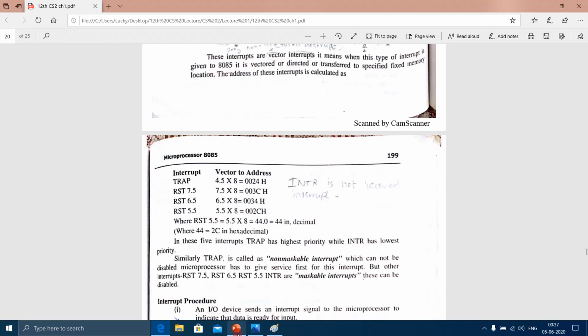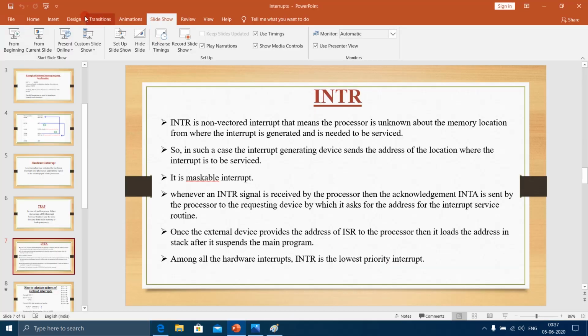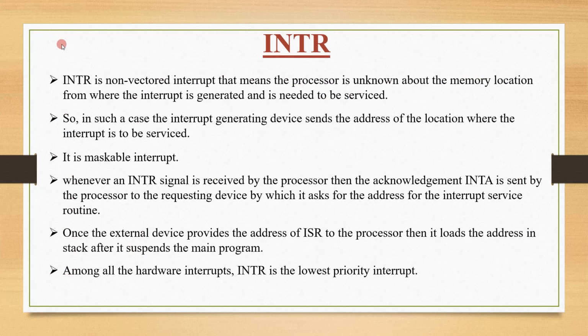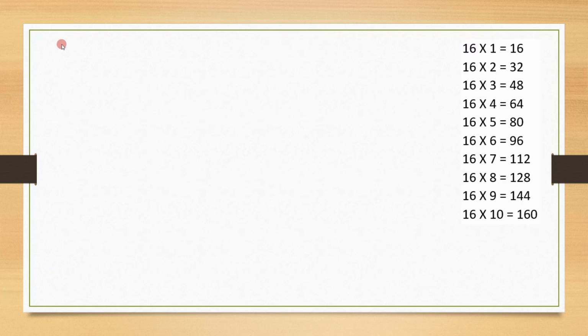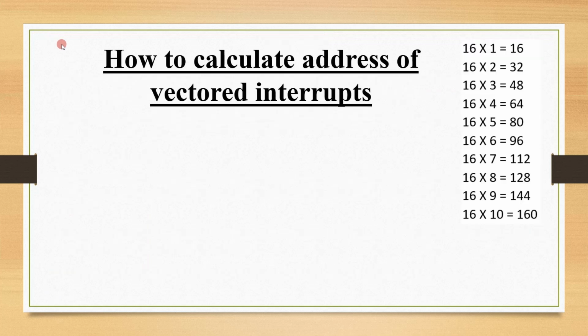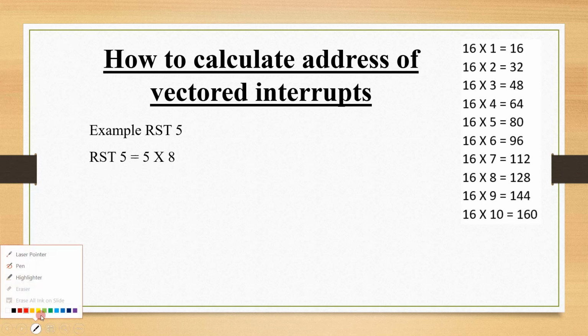So let us see how we can calculate the address of the vectored interrupt. Here's the example, RST 5. So first thing which we have to do is, as you can see, here we have got 5.